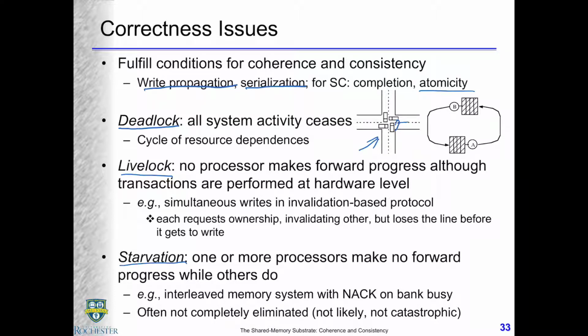I'm depending on you, you're depending on him, and so on. You may think this is silly, it doesn't happen. It does happen. There's plenty of chance that this happens. One example in a computer system is, suppose I have two nodes with some buffers, and each wants to send another request. But because the buffers are full, we cannot send the request or reply. We cannot send anything to the other.